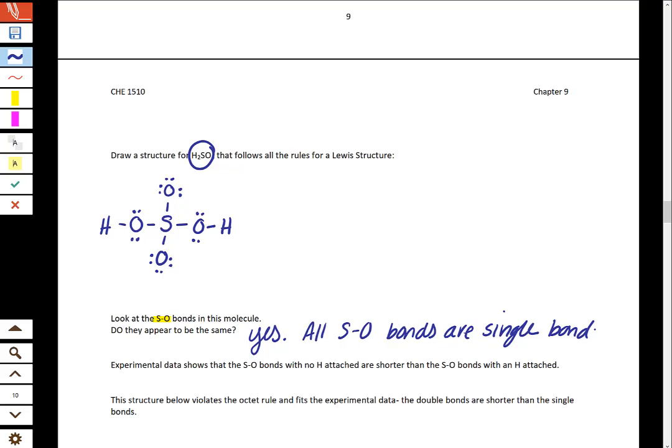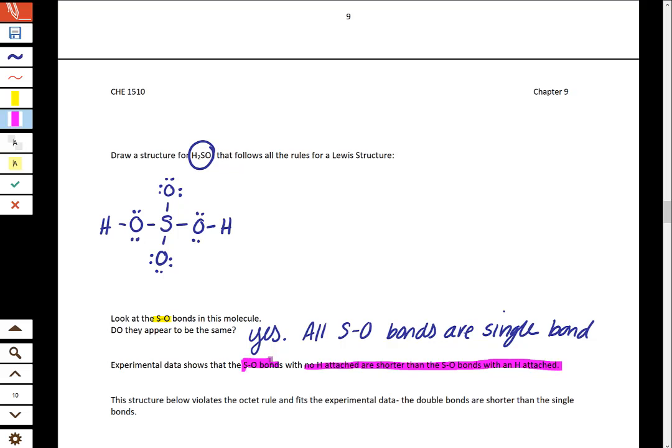So the thing is that we can actually measure bond length and bond strength. When we measure bond length, it shows that the SO bonds with no hydrogen attached are shorter than the ones with the hydrogen attached, which is wild, because if you were thinking, oh, those bonds are different.